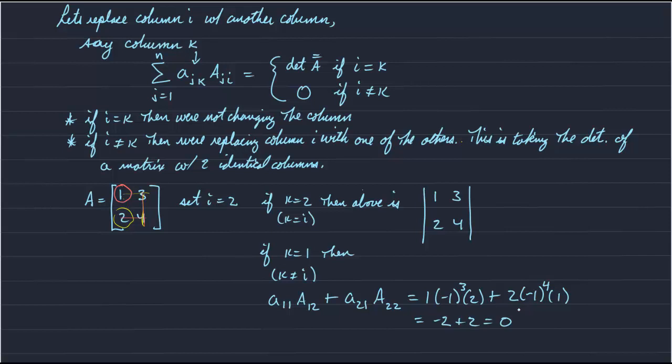And so what we've essentially done is, when we replace this column by a column k that's different from I, taken the determinant of the matrix 1, 2, 1, 2, again with two identical columns.